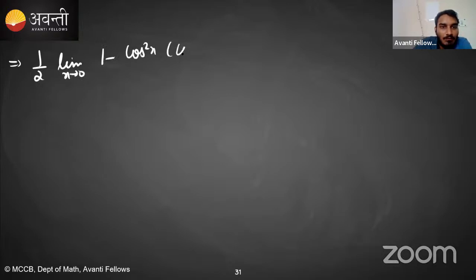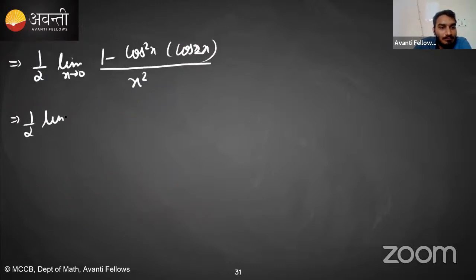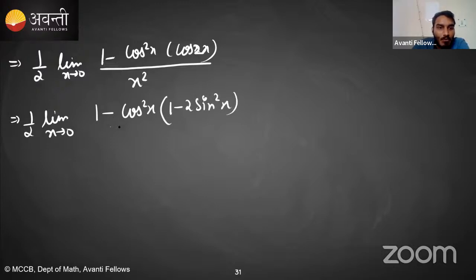So it means the limit is 1 by 2 limit x tending towards 0 of 1 minus cos square x into cos 2x divided by x square, right? How can you find it? Again, can I write cos 2x in terms of sine square x, 1 minus 2 sine square x? Clear? So what is this now?